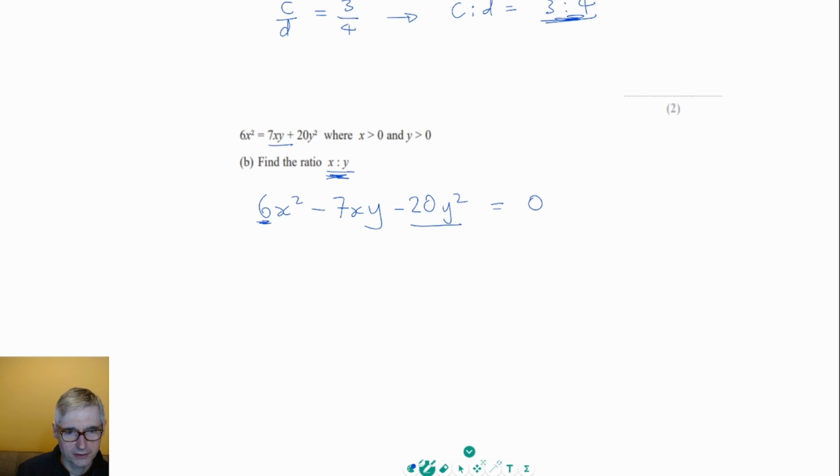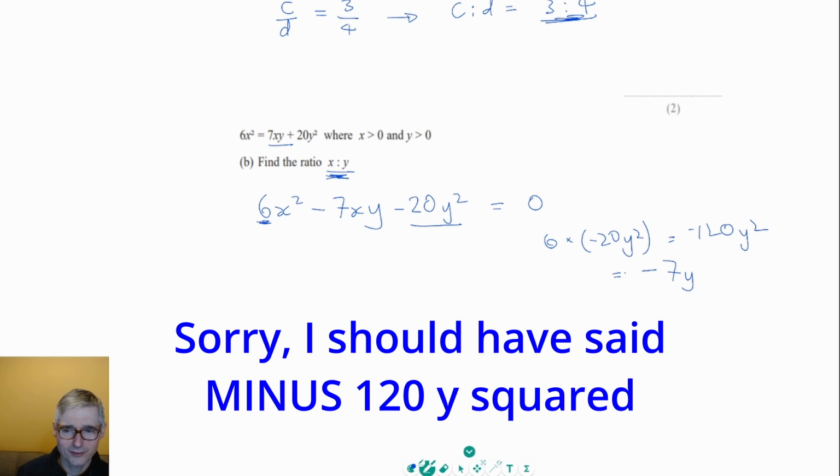So our first and last, if I multiply them together, is 6 times negative 20y squared, which would give me minus 120y squared. And I'm also looking for two numbers which have a sum equal to the middle coefficient, which is minus 7y. So I'm looking for two numbers which add to make negative 7y and multiply to make minus 120y squared.